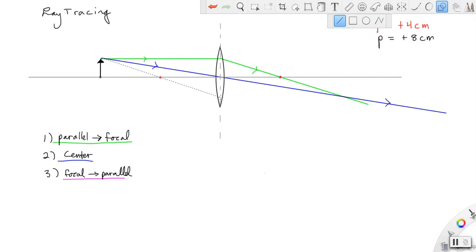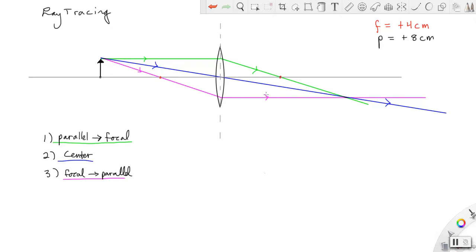So we go through this focal point, and then when we encounter the optical plane, that will cause this to go parallel. Now, how do we know that? Well, we know that because if we sent this parallel ray in this side, it would go to this focal point. So we're using that knowledge to our advantage to backtrace it from the object to find out where all these would go.